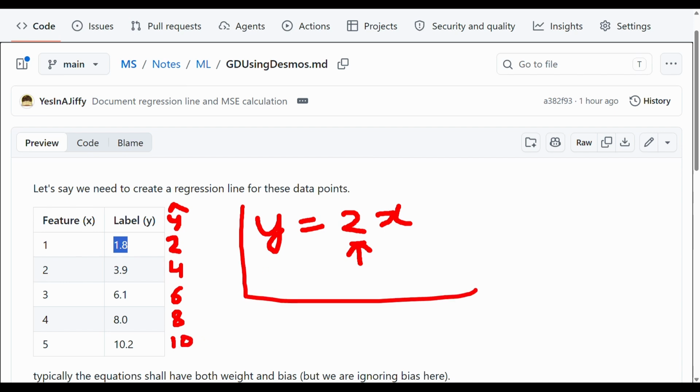So this is the equation which our linear regression has given, and this basically matches the labels given in the equation. So if somebody wants to find out the value of the label if the feature is 6, then our model will give a value of 12. Why? Because 2 into 6 is 12. Thank you very much.